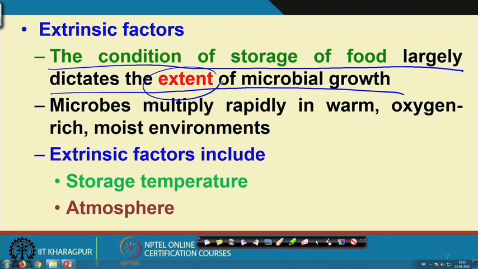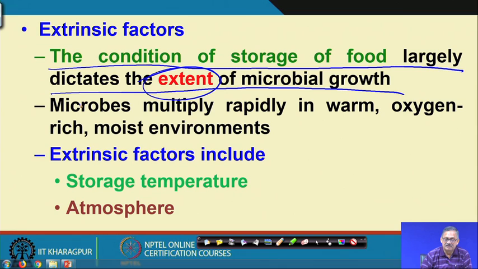Storage condition primarily, this is one example, there are many other examples and explanations, but for easy understanding I gave this. So, largely the environmental or storage condition is dictating the microbial growth, right.